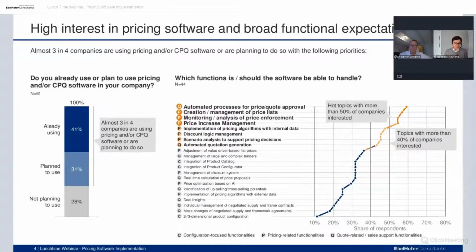And also getting product data into the quote is sometimes tedious. So quite a few firms actually want this to be optimized and automated. So you see there's a bunch of critical functionalities that companies want from their pricing software.